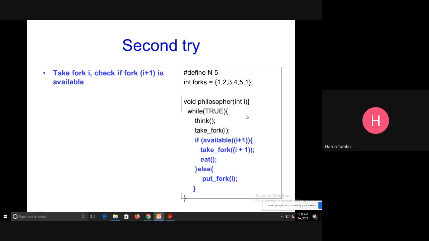That's why it is using the if condition. If the chopstick is available, then only it performs take 4 to occupy the left chopstick, and then it can eat. If it is not available, then it performs put 4 of i, releasing the right chopstick.